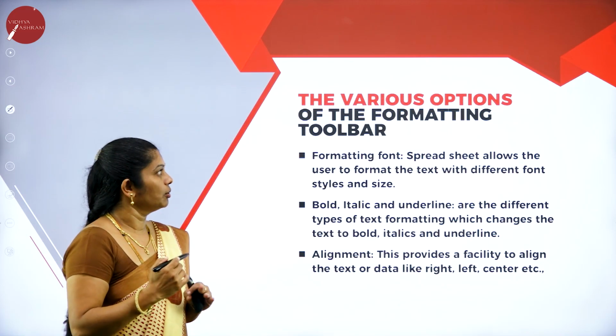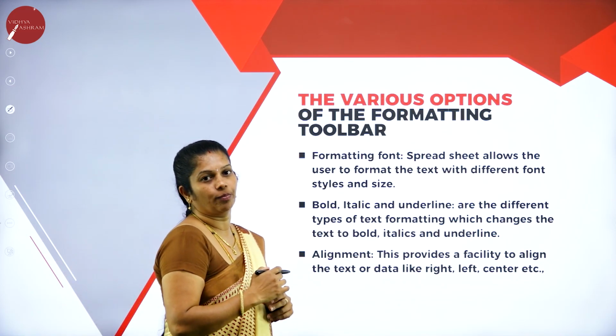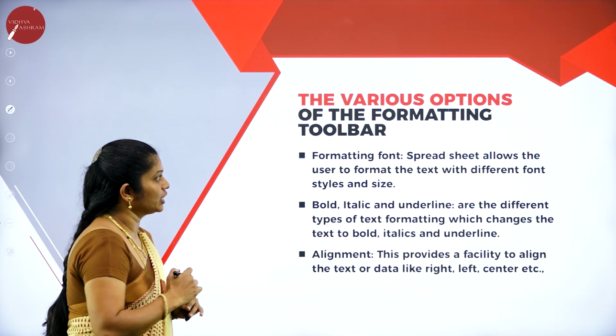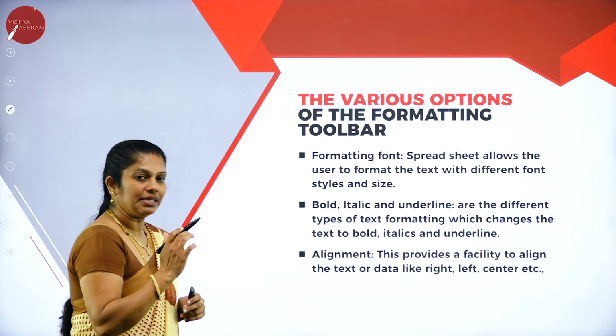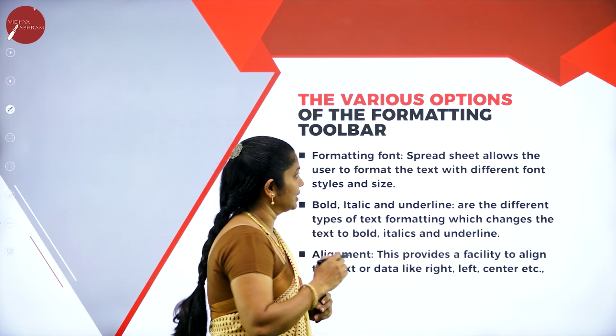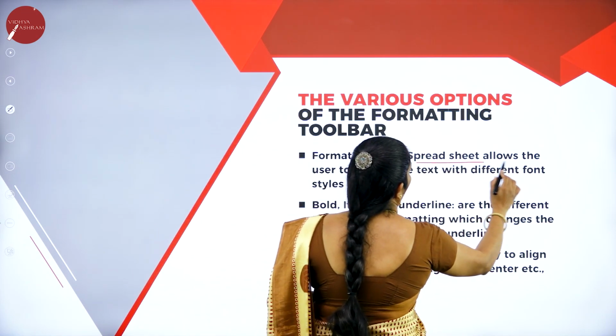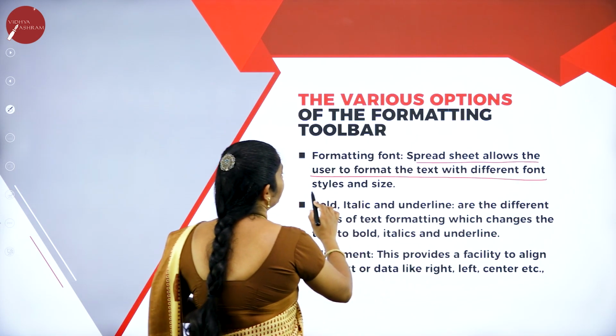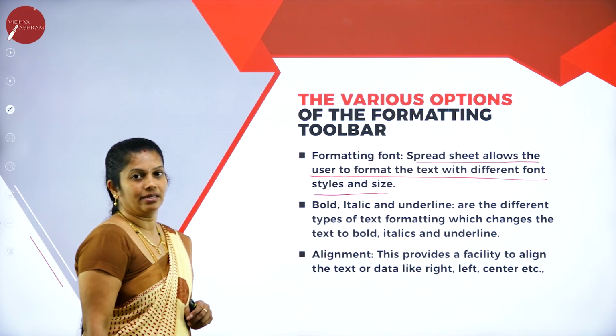First, we'll discuss the various options of the formatting toolbar. Under that, the first one is formatting font. It means that in this, we can change the font of the text. That is, Spreadsheet allows the user to format the text with different styles and sizes.